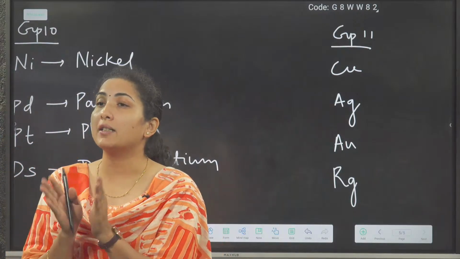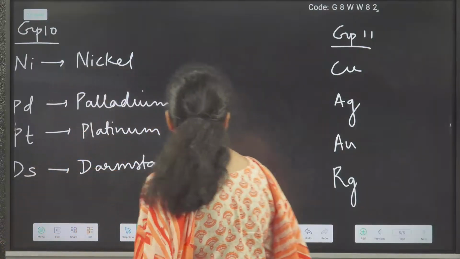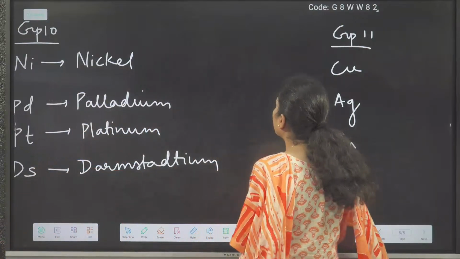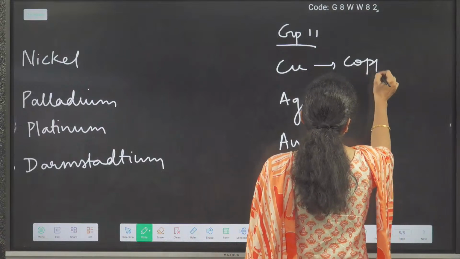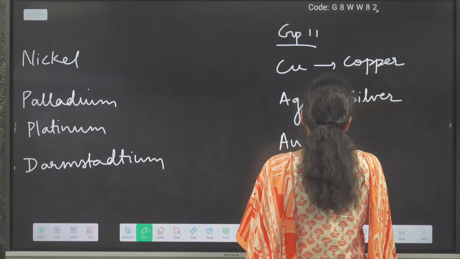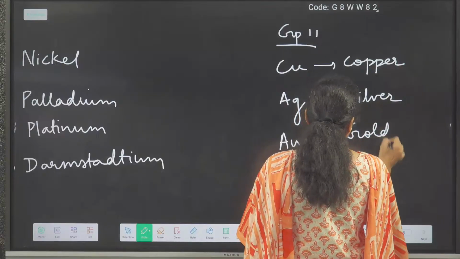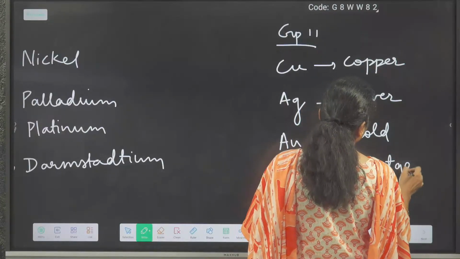Roentgenium is named after the scientist Roentgen, who actually discovered X-rays. So I'm going to write down here copper, silver, gold. Then you are having here roentgenium.